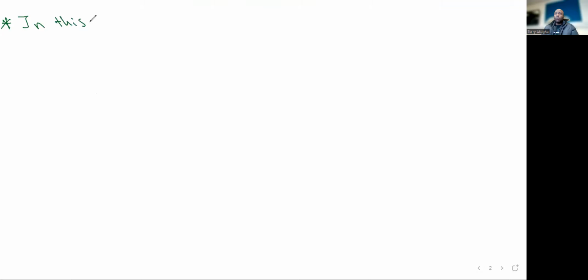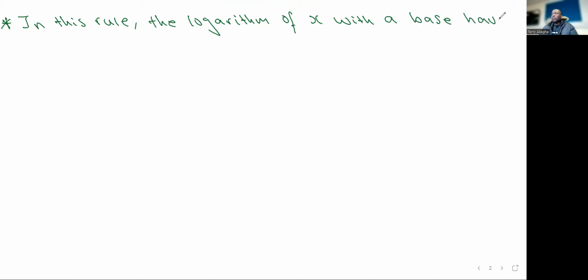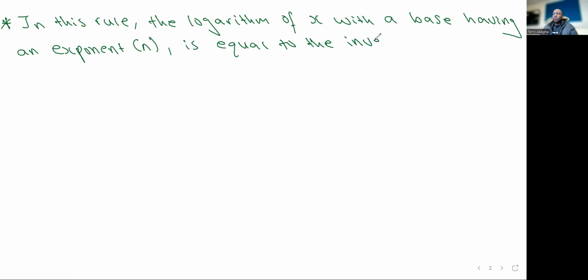So in this rule, the logarithm of x with a base having an exponent, or you can call it power, all right, depending on what you want to call it, is equal to the inverse of the exponent multiplied by its logarithm.